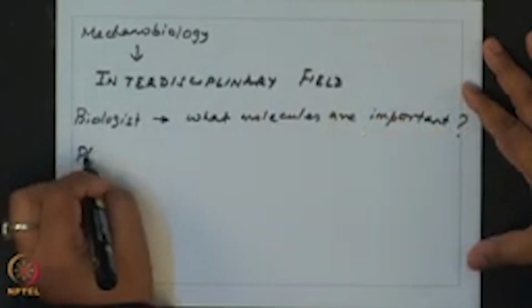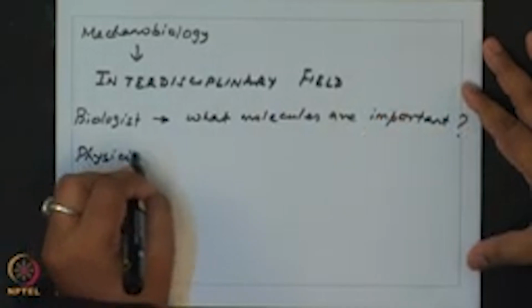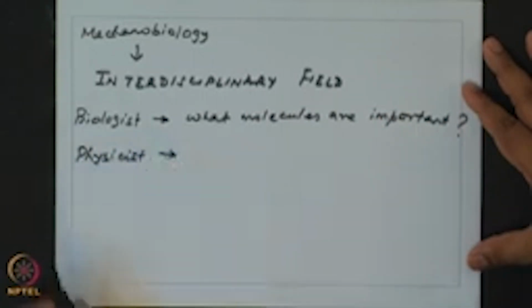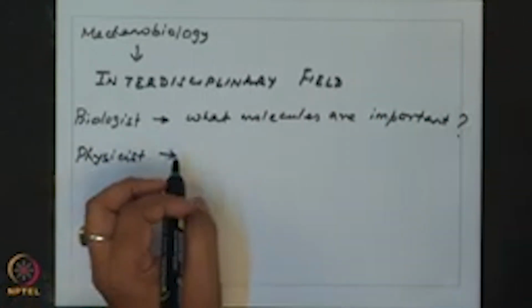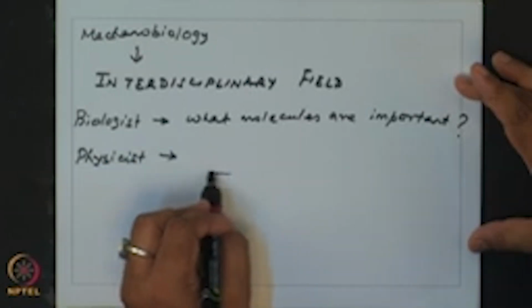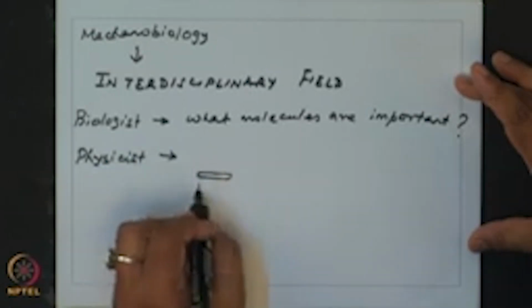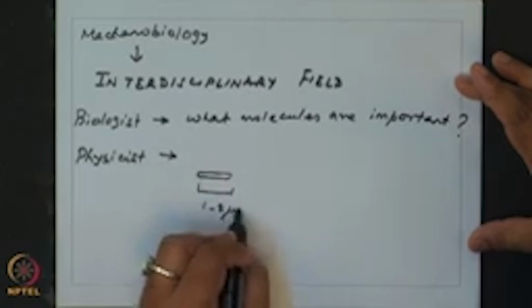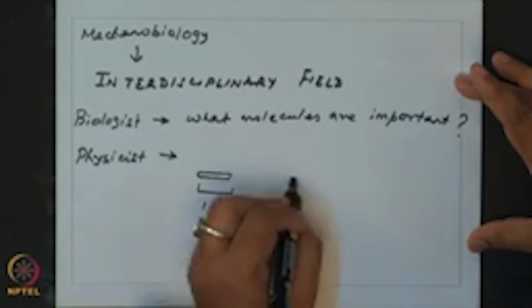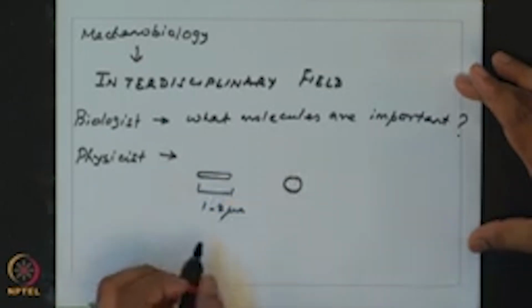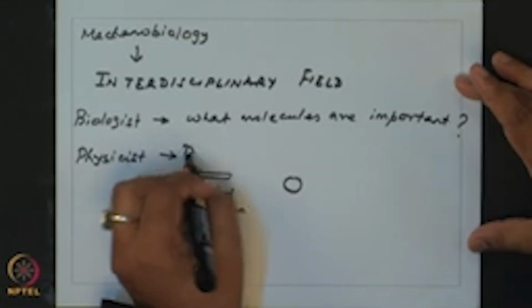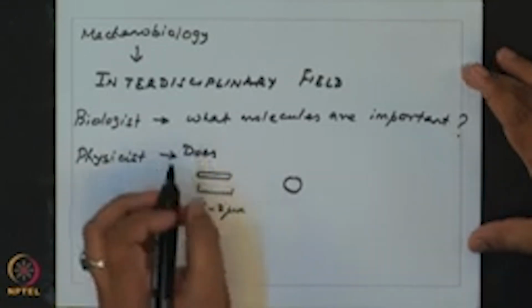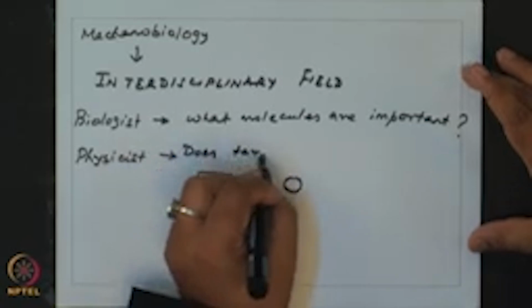But a physicist might ask the question that instead of a bacteria, which has a shape like this, typically 1 to 2 microns in length, if the target were round, does target shape matter?